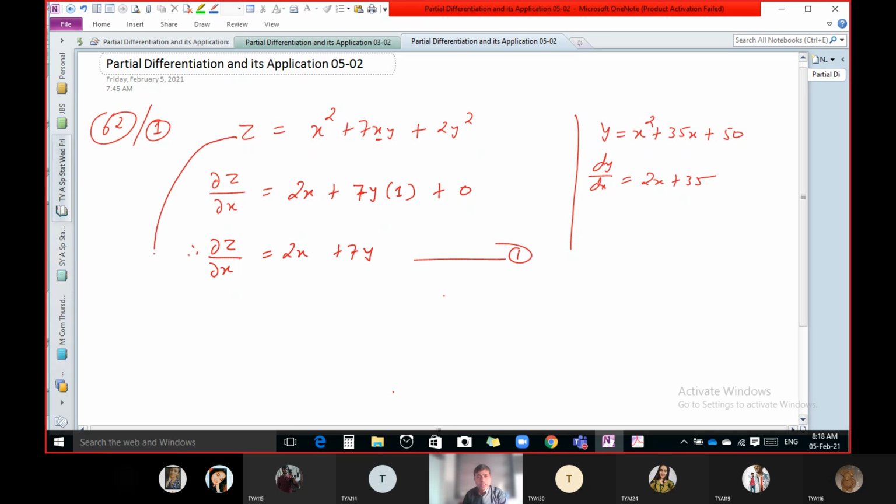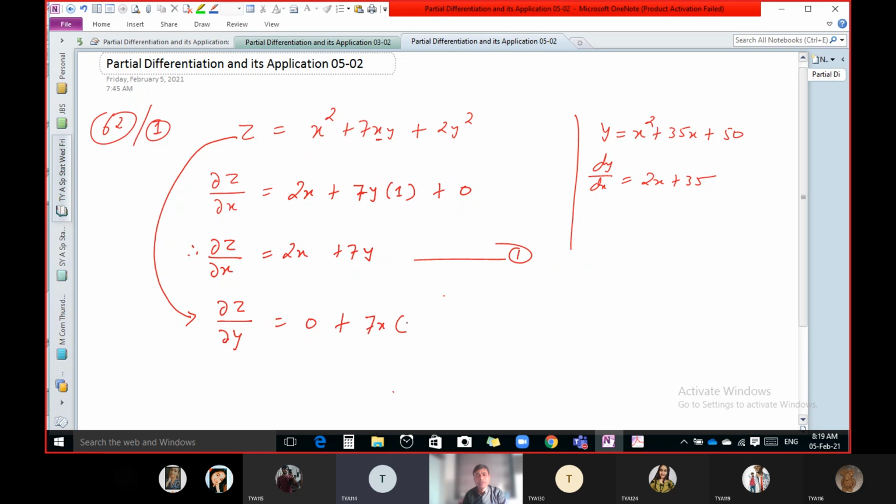Now differentiate this z with respect to y, keeping x constant. Consider x is a constant here. So now tell me what is the derivative of x square? 0. Plus, which are the constants here? 7x is a constant.